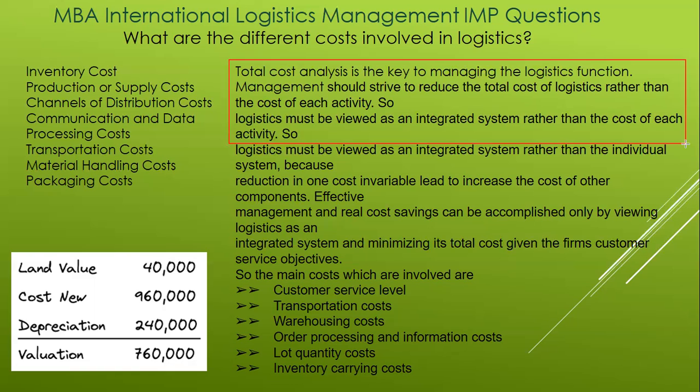Sometimes we try to reduce the cost of transportation. Take warehouses: if we want to reduce the cost of warehouses, we try to save manpower. Suppose we inform that for this season we use 500 manpower, whereas generally we use 700 manpower in this season.